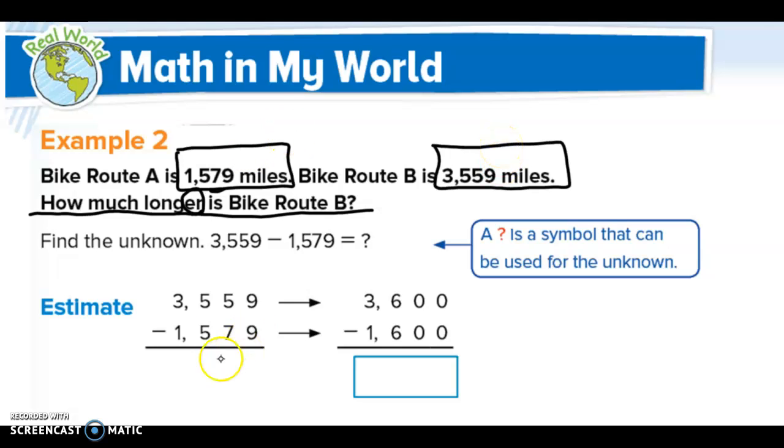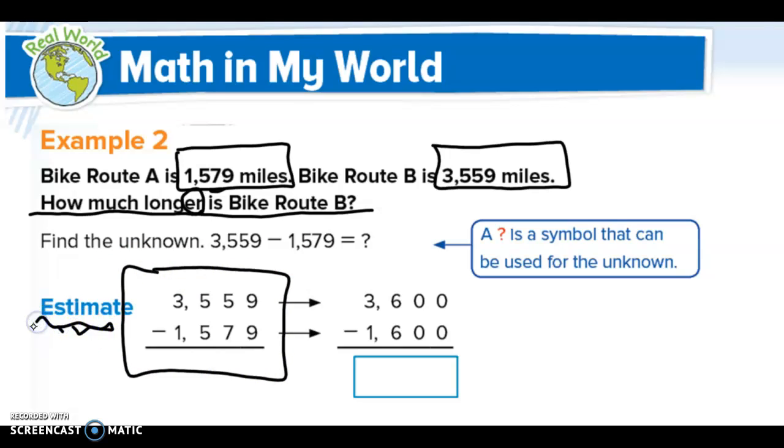Now, I don't want you to get confused here. This right here is our actual problem that we are going to solve. Now, you might be saying, well, wait a minute, I see the word estimate right there, and I can see that they rounded. If you've noticed that, you've already noticed how they chose to check this, because we just talked about one way of checking subtraction is to add as an inverse operation.